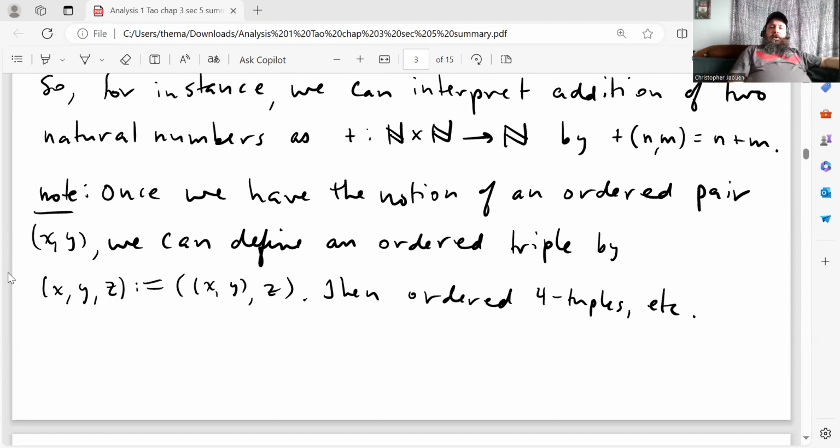All right, another note: once we have the notion of an ordered pair, x comma y, we can define an ordered triple. For example, the ordered triple x comma y comma z, we can define to be the ordered pair where the first component is the ordered pair x comma y and the second component is the element z. And then we could define ordered 4-tuples in a similar way, et cetera.